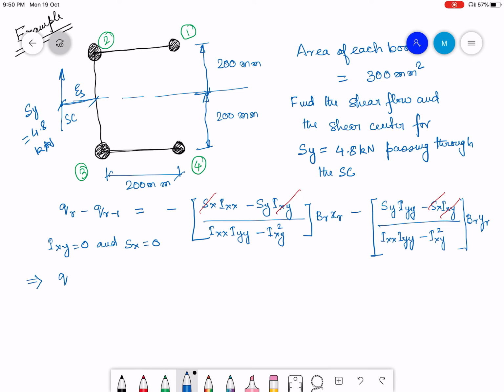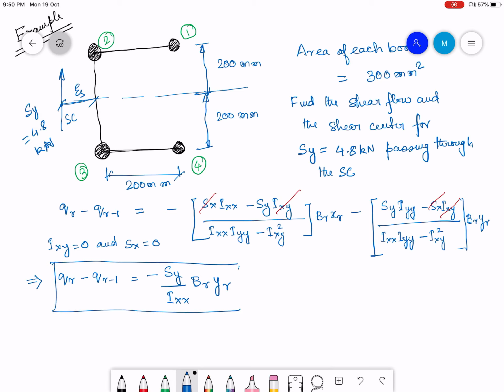So Q_r minus Q_(r-1) is just going to be minus Sy by Ixx into B_r into Y_r. So this is the equation that I have to deal with.